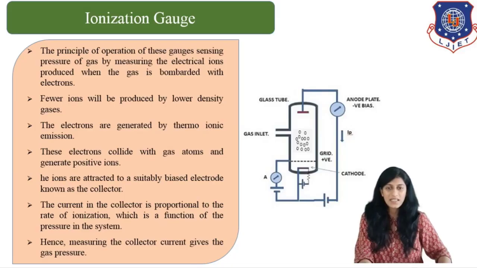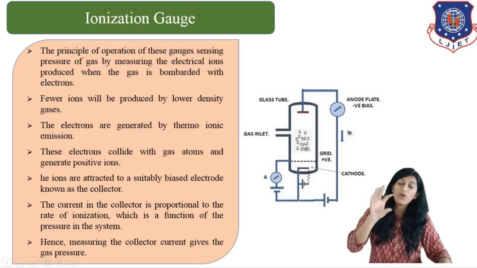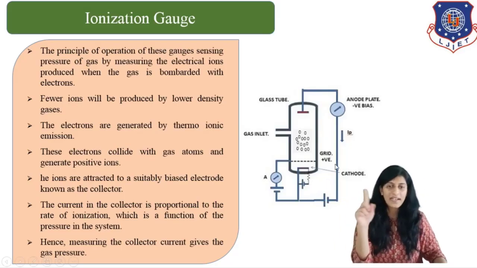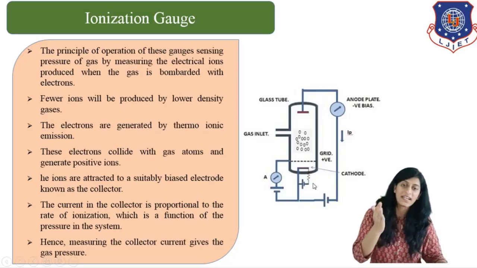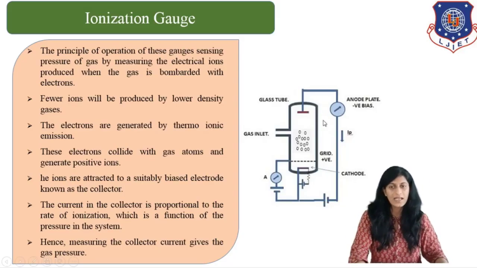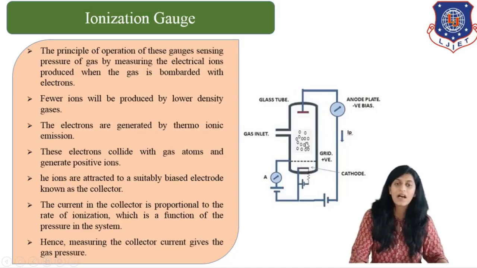So, as you can see here in this figure, once the gas is given inlet from this section, due to the inlet of gas, depending on the pressure of the gas, anode and cathode are being determined, and as anode and cathode are determined, based on that the current will flow inside the circuit, and that current is then utilized to determine the exact amount of pressure which is applied to the system.